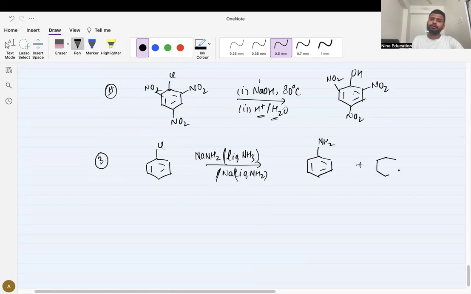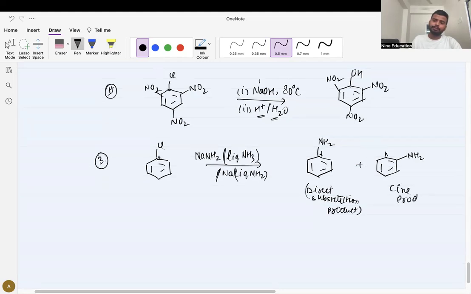So here you will get two products. If this carbon is the star carbon, here also you will get NH2. This is known as the direct product, the direct substitution product. And this is known as the cine product.